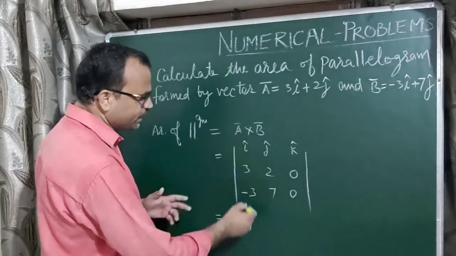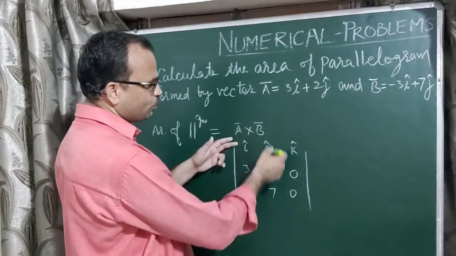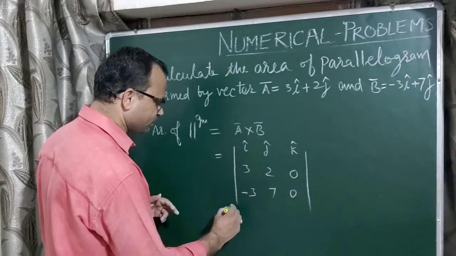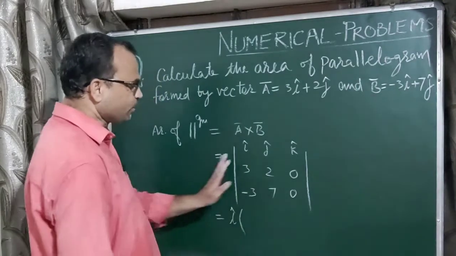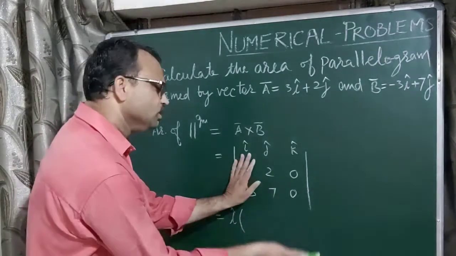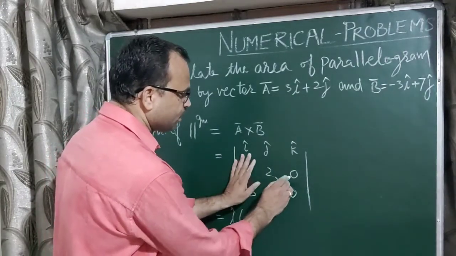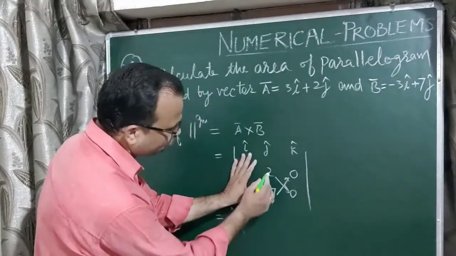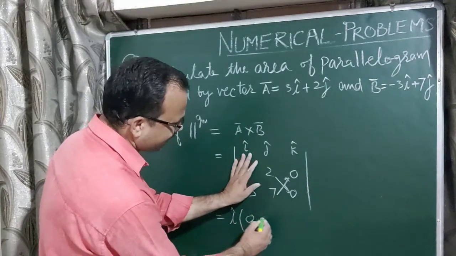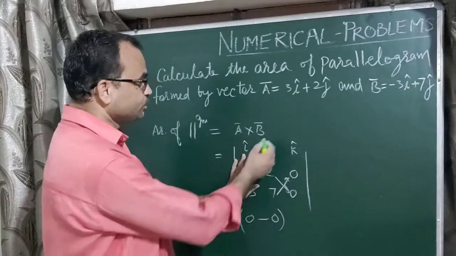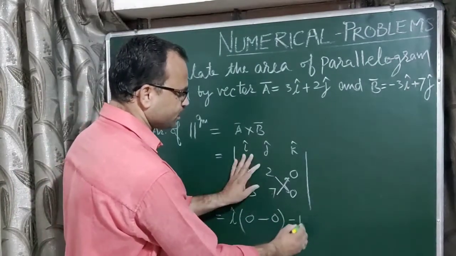As we know, the first term is positive, the second negative, and the third positive. So first we write i cap, then hide the first column, then simply multiply top to bottom, minus sign, then bottom to top, means 2 into 0, 0, minus 7 into 0, 0. After that j, which is negative, means minus j.